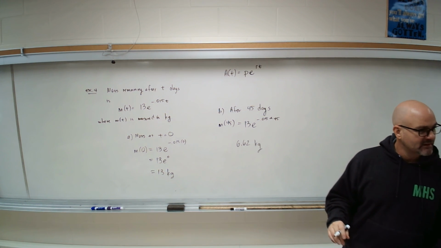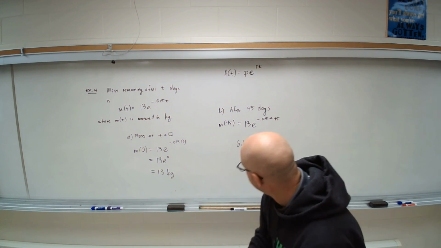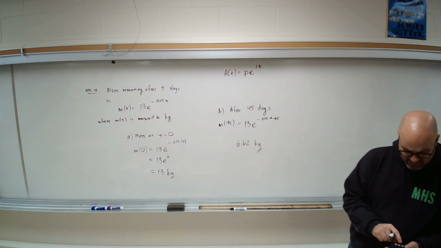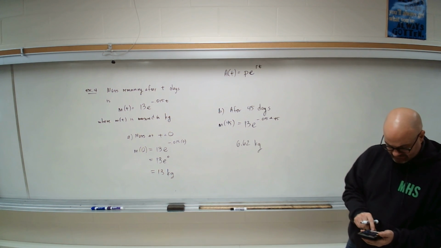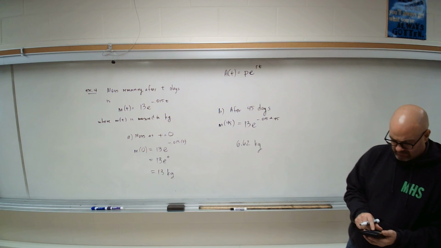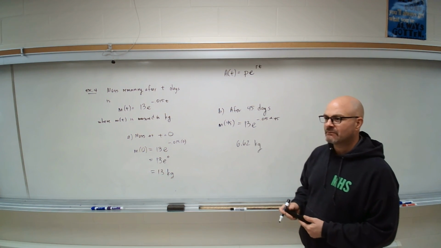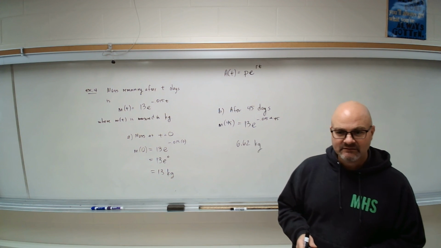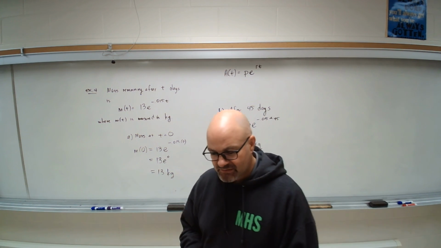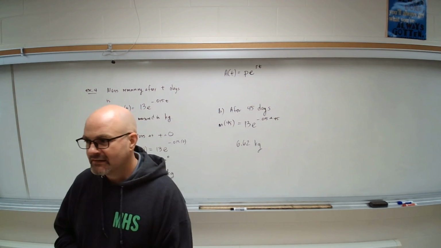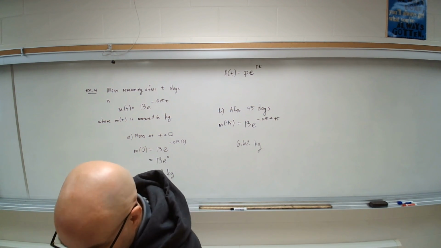We'll type that in our calculator. We use our e key that we talked about earlier in class. And that gives us 6.62 kilograms, right? Radioactive decay. So all you future doctors in nuclear medicine, you can calculate that stuff now.